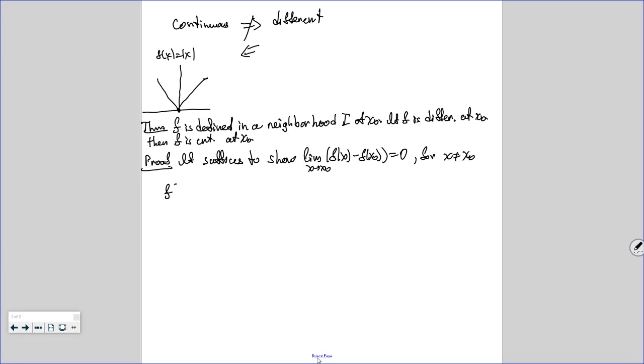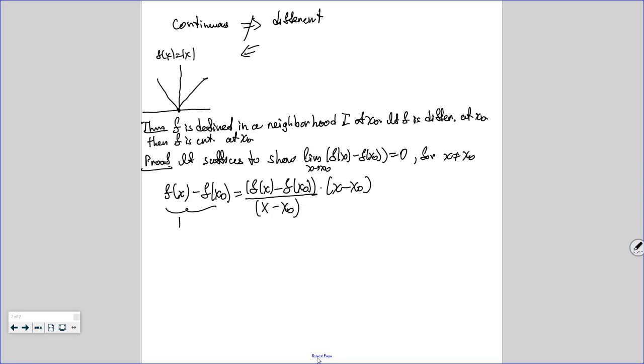Then let's do a simple mathematical proof and multiply and divide this expression by x minus x0. Since x does not equal x0, we can do this.